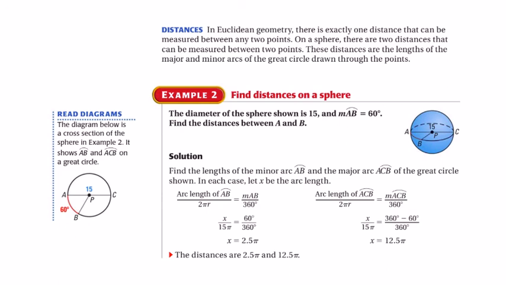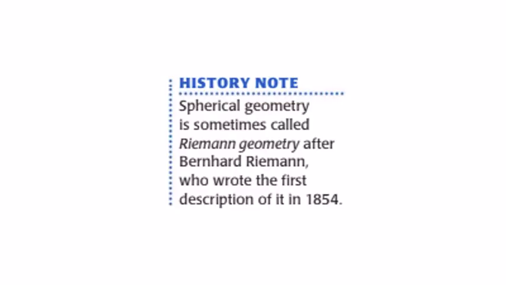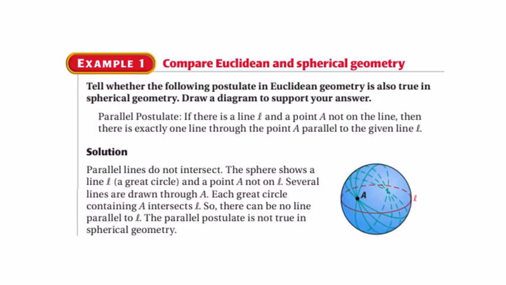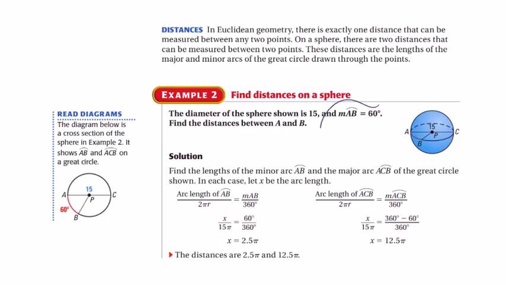So, looking at example 2, the diameter of a sphere is shown as 15 units. And the measure of arc AB, remember, I flipped the page on us. Anytime they write it like that with 2 letters, that signifies to us that they are talking about the minor arc, is 60 degrees.